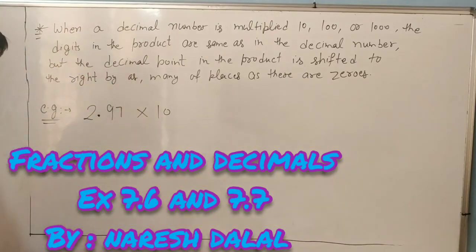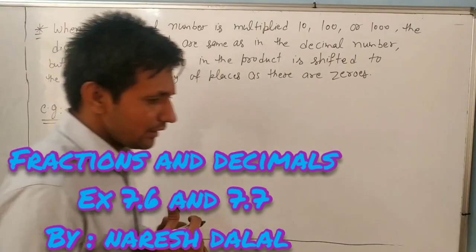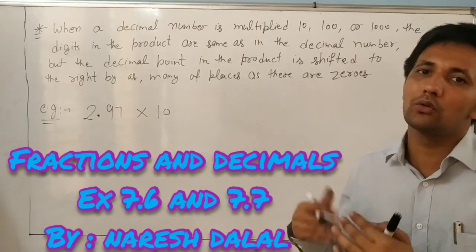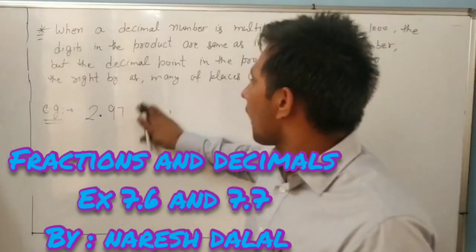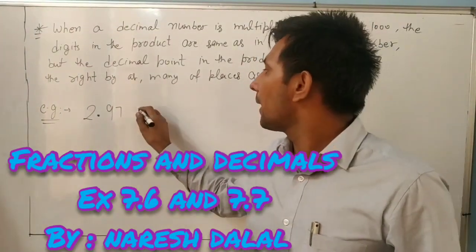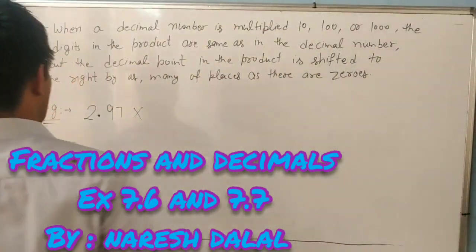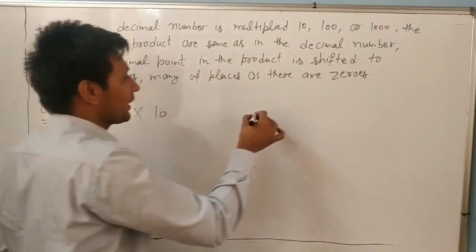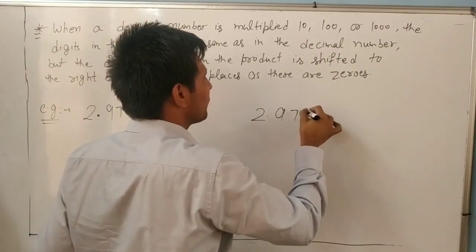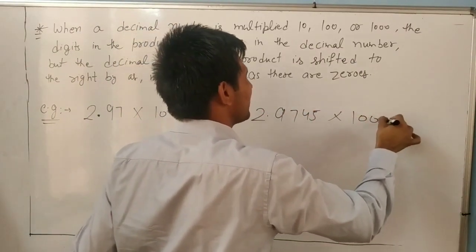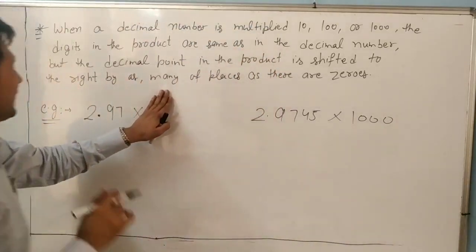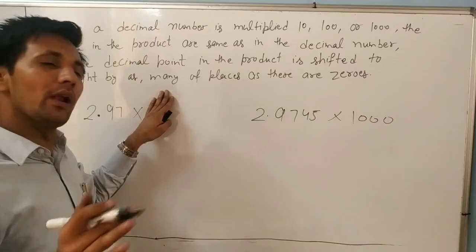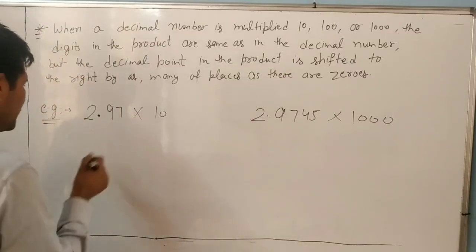Look here, in the last question we learned how to multiply two decimal numbers. Now how to multiply a decimal number by 10, 100, or any such number, suppose 29.745 into 1000, like this one. Whenever we multiply a decimal number by 10, 100, 1000, 10,000, or 1 lakh, how do we multiply?